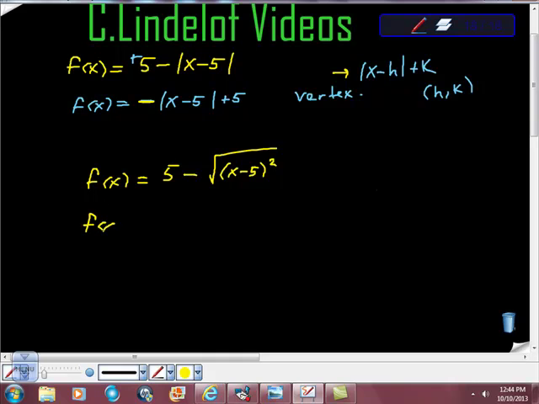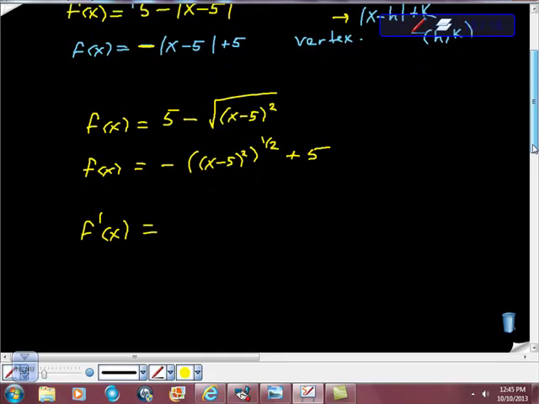I'm going to say f of x is equal to the opposite of (x minus 5) squared to the 1/2 power, plus 5. I'm going to take the derivative, so I'm going to start to differentiate here. Don't clean up the math. I just want to show you what this proof would look like so you can actually come up with this derivative.